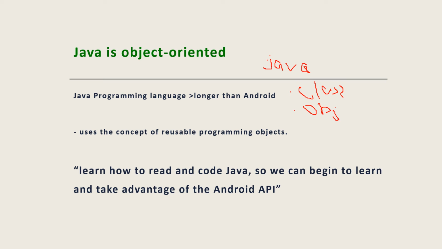So learning how to read and code Java, we can begin also to learn and take advantage of the Android API. Why is it necessary na kabalo ta mag read and write code sa Java? Para 'pag marunong na tayo magbasa kung ano yung purpose ng API, this will also help you lessen your coding.